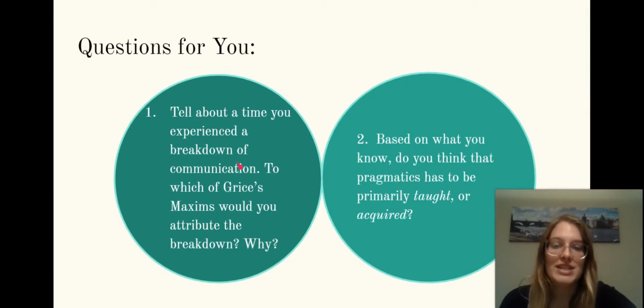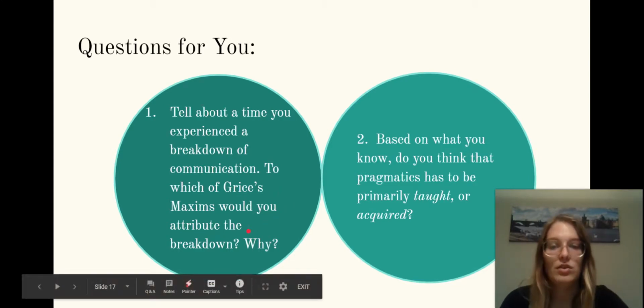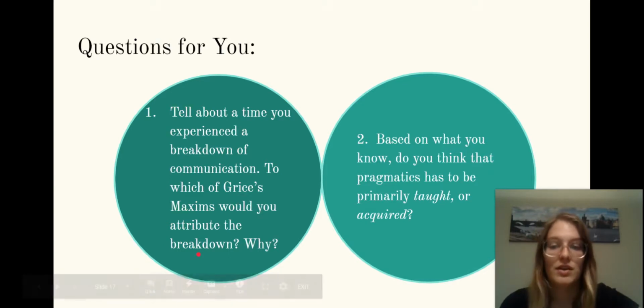Tell me about that time, and tell me, which of Grice's maxims would you attribute the breakdown to? Why did it break down? What was the reason for you not being able to understand, or the listener not being able to understand you?